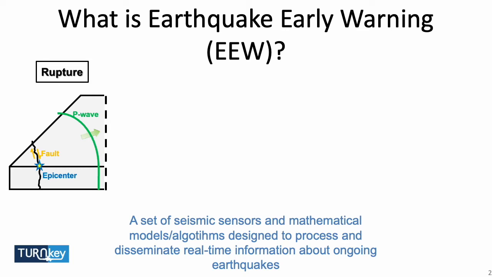And in an earthquake early warning system, what we'll have is a series of seismic sensors located in areas that are likely to be close to epicenters.